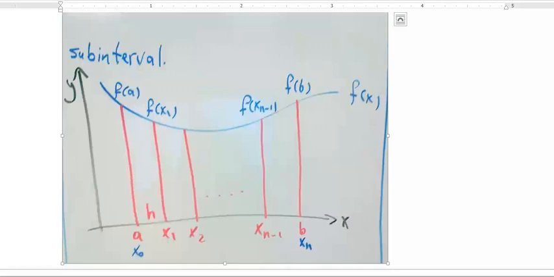Here is our graph. Here is a, which we shall name as x naught. Here is b, which is named as x n. f of a, f of b, and we divide the interval into sub-intervals by the points x1, x2, up to x n minus 1.